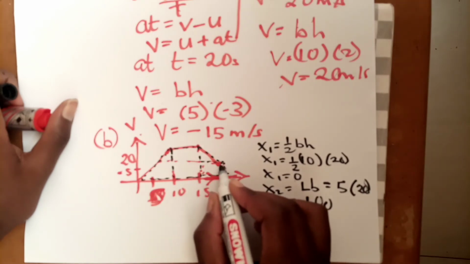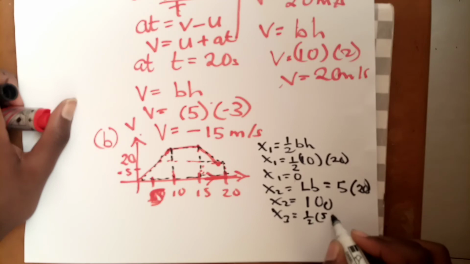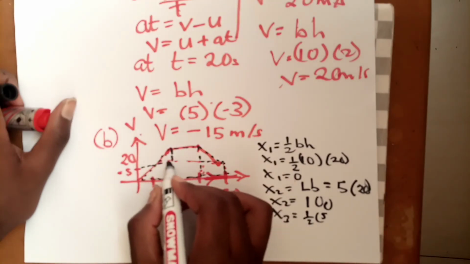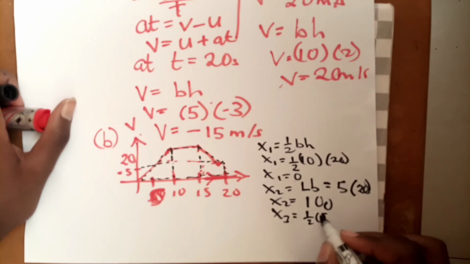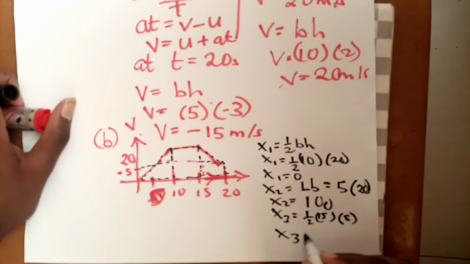This triangle has a base of 5, then the height for this one is 15. So x3 is going to be 1 over 2 times 15 by 5, that's 75. Then half of 75 is 37.5.